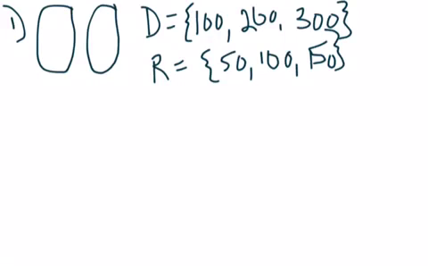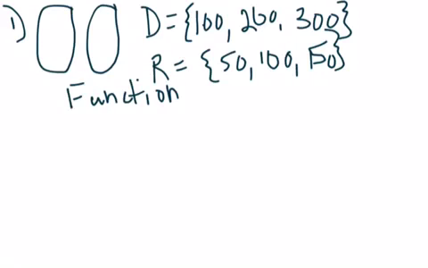Then the instructions ask you to determine whether it is a function. This one is a function. Some of you put just yes, which is fine. It's a function because none of the x's repeat, or none of the girls have more than one boyfriend.